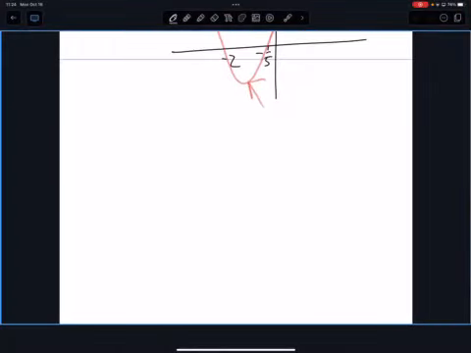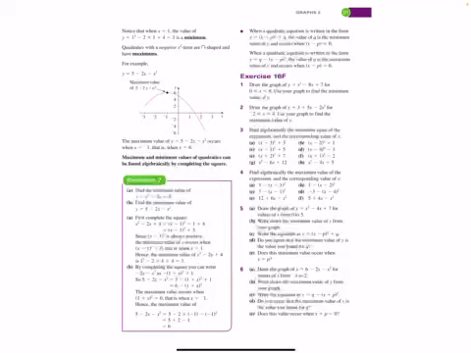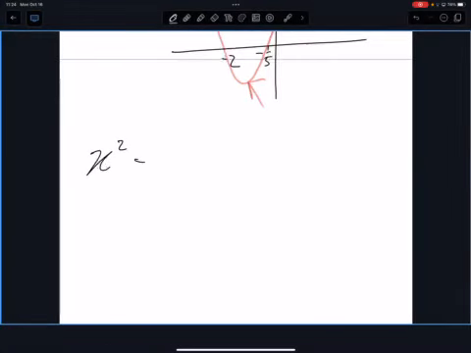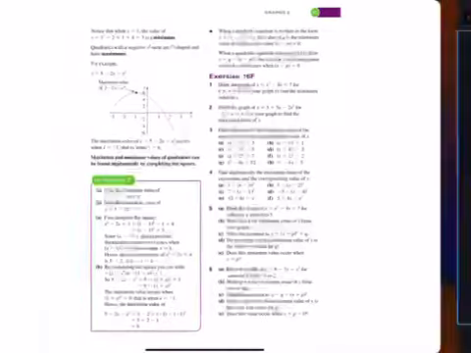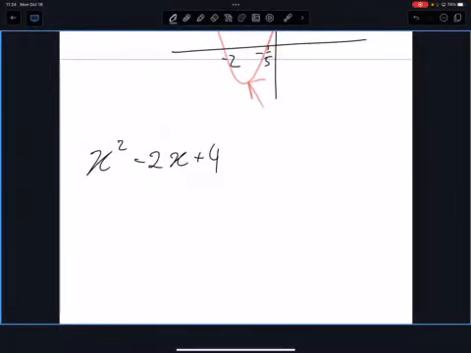So, you have an equation. We're looking at example 7, page 371: x squared minus 2x plus 4. Yes?